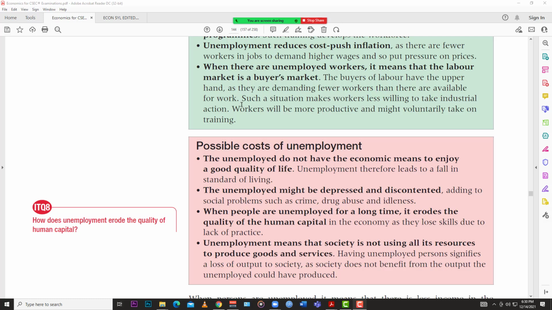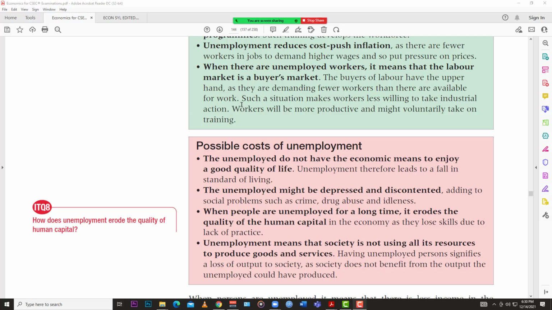So, out of all of those costs of unemployment, some of them really stand out, such as increasing crime, lower standard in quality of life, your skills that get eroded, and the economy as a whole would suffer because output is not at its max.